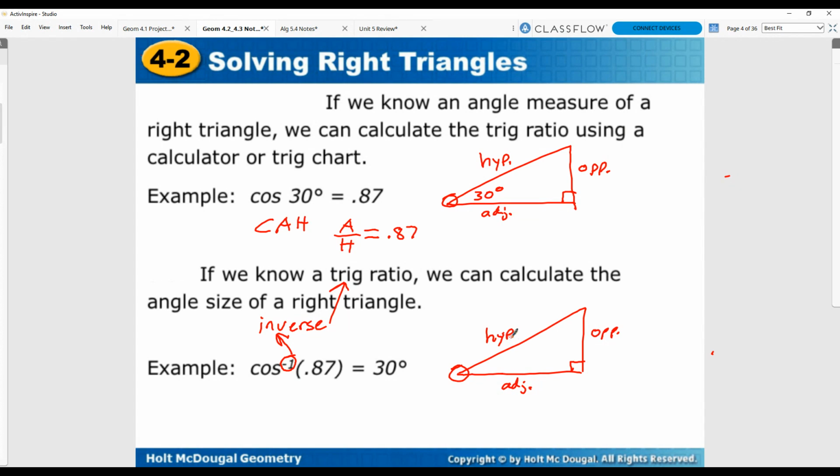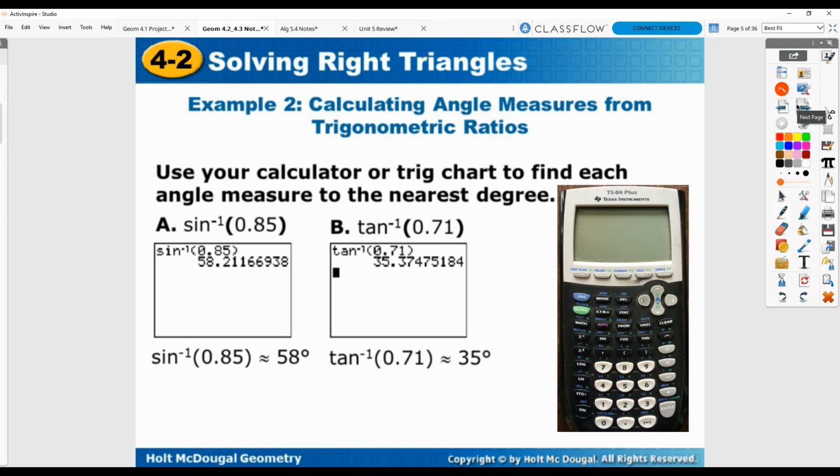And if you had numbers for these two, like if you knew that your adjacent over top of your hypotenuse does equal 0.87, then what you could do is put that in your calculator and you could discover that this would be a 30-degree angle where you're located. We'll put this into practice and it'll make some more sense, but there's kind of a visual of what we're doing. Let me show you guys how to use that in your calculator.